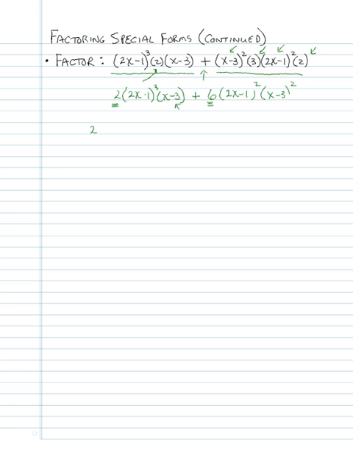Then we notice that (2x - 1) appears on this side of the plus and also on this side of the plus. So (2x - 1) is a common factor. But when we have a common factor and they both have powers on them, we use the smaller of the powers. So the factor we're going to factor out is (2x - 1) to the power 2.